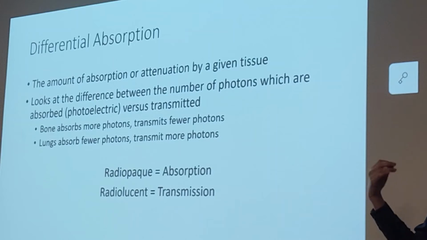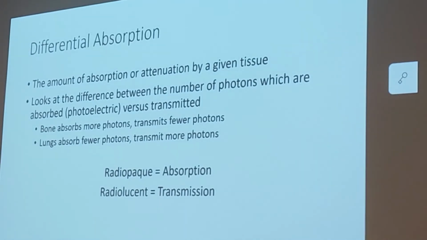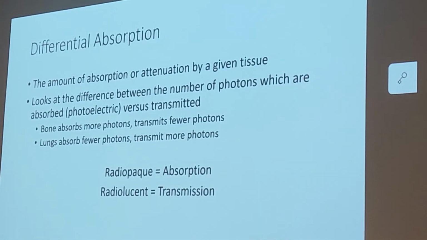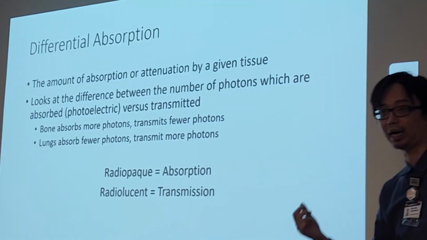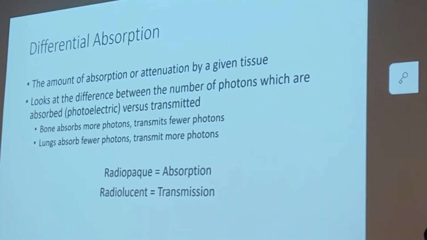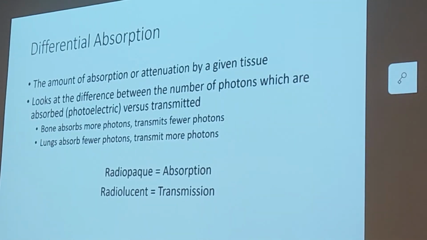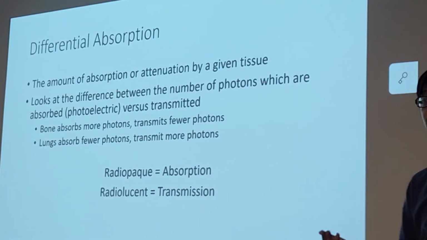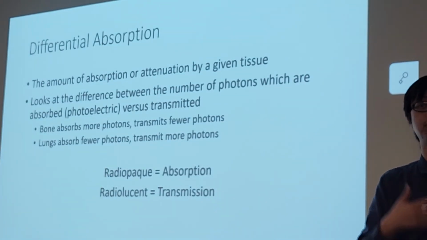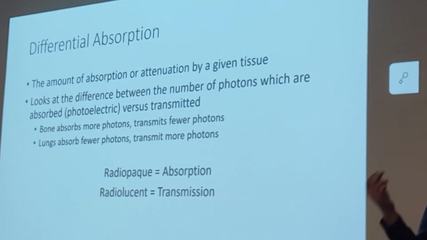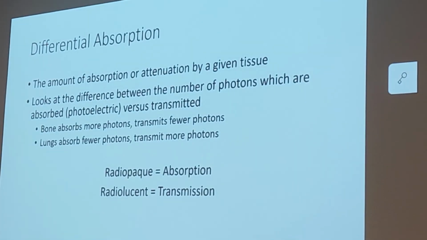And because there are differences, we can tell tissues apart. I can tell where bone is and where air is because they absorb X-rays differently. I can tell the difference between the spine and the liver because they absorb X-rays differently. I can tell the difference between the phalange and the soft tissue around the phalange because they absorb X-rays differently.